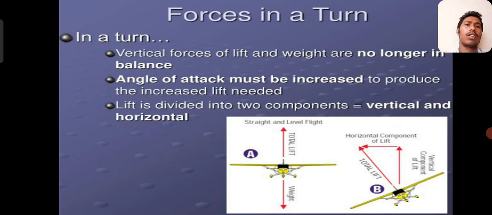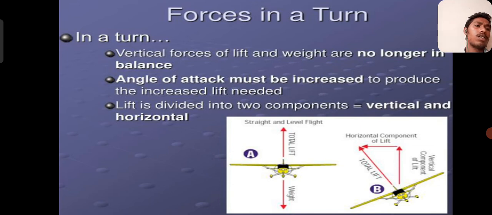And forces in a turn: the vertical force of lift and weight are no longer in balance. Angle of attack must be increased to produce the increased lift needed. Lift is divided into two components, vertical and horizontal. In the straight and level flight figure, total lift equals weight.